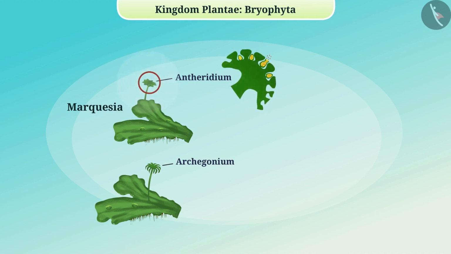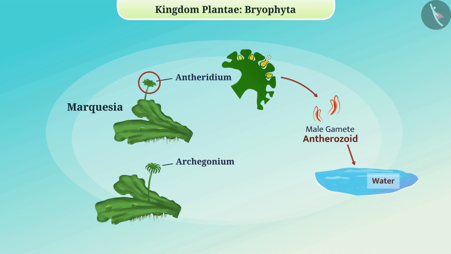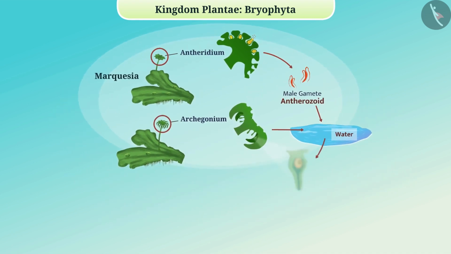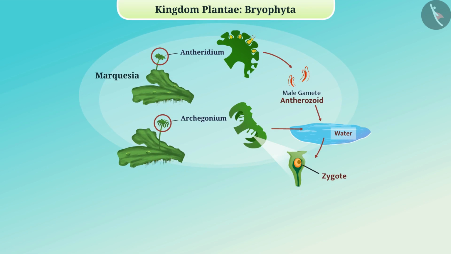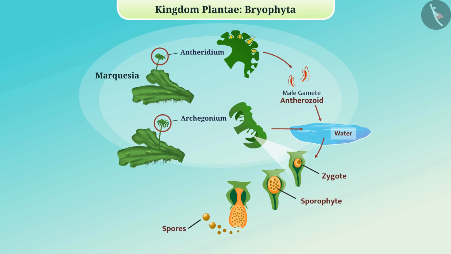From antheridia, the male gamete antherozoid is developed, which is released on water. Here, its fertilization occurs with the female gamete egg and the zygote is formed. It is developed into sporophyte. Some of its cells are converted into spores. It develops and produces new organisms. Now, let's understand Pteridophyta.